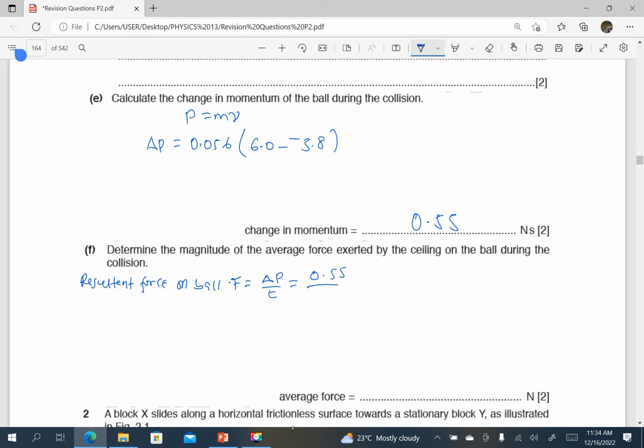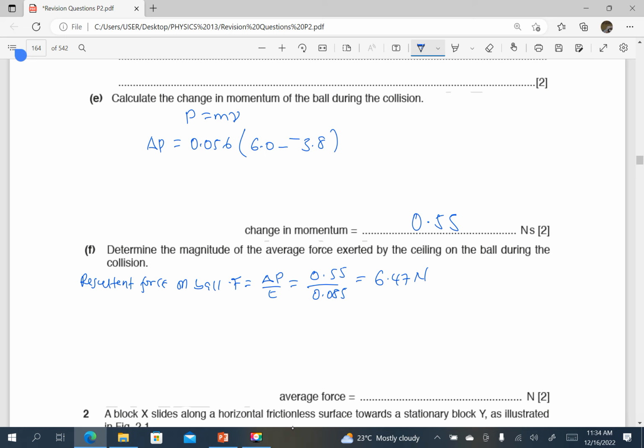So this will be over 0.085. When I press my calculator, this is 6.47 newtons. That is the resultant force on the ball.